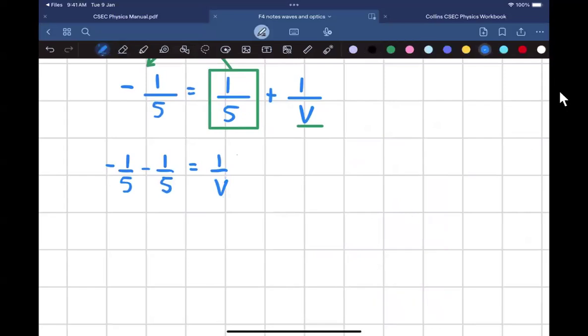So in this question, what's 1 over 5 plus 1 over 5? A simple way to answer that: how many 1/5s are in it? 2. So that's 2 over 5. And if you have negative 1 over 5 minus 1 over 5, that's just negative 2 over 5. You understand?